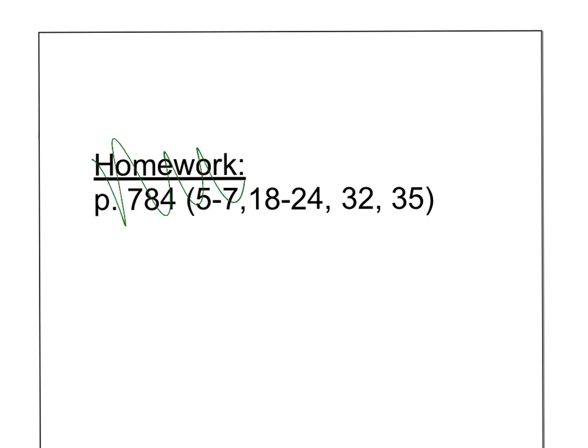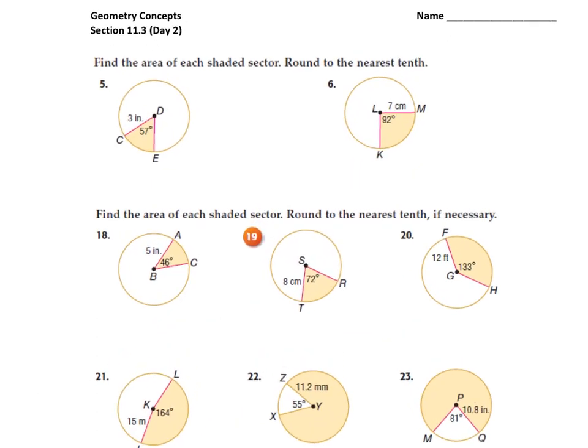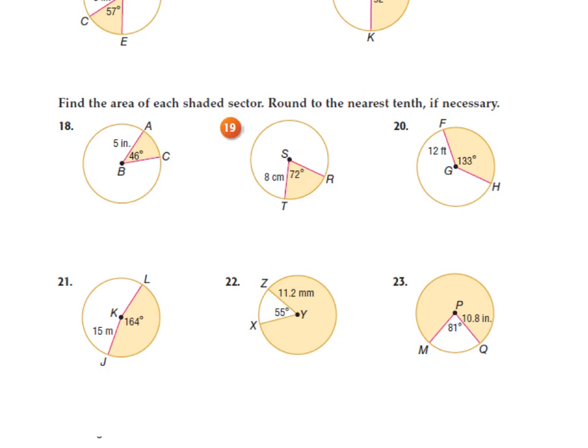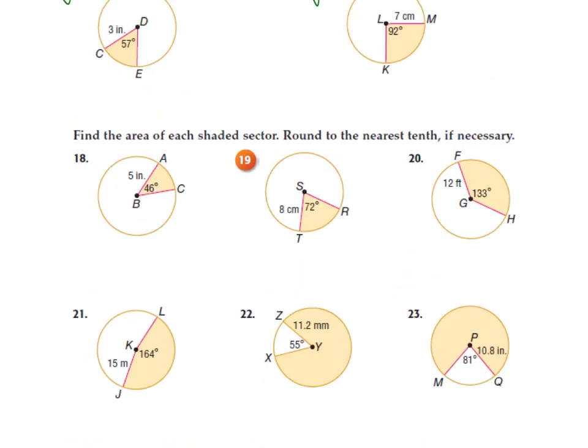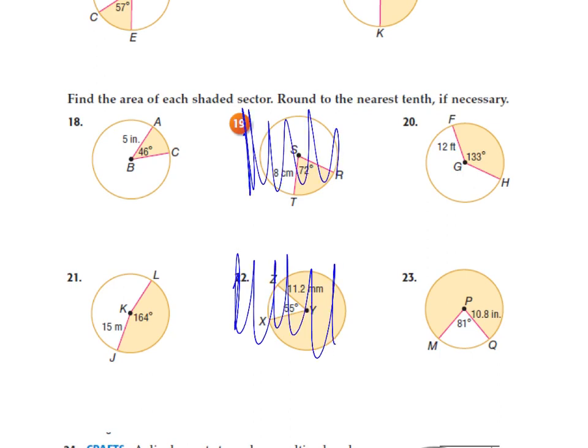Okay, so your homework is, some of you guys picked it up on Monday on the paper copies, but I want to look through it once. So here's what you're looking at. So do both of those. See if I can shorten this up a little bit. So skip 19 and 22.